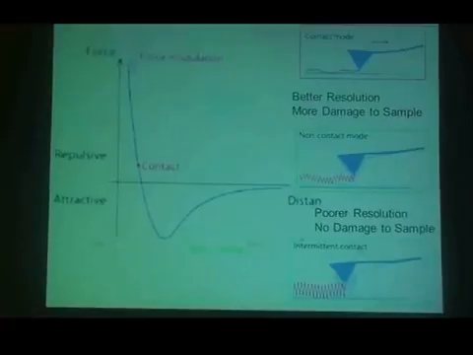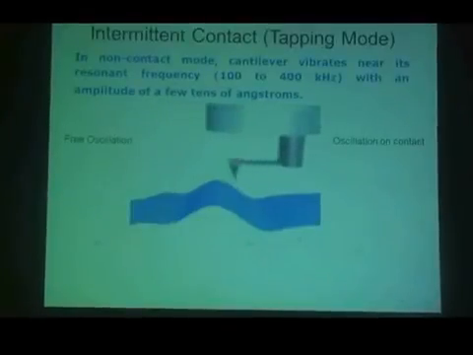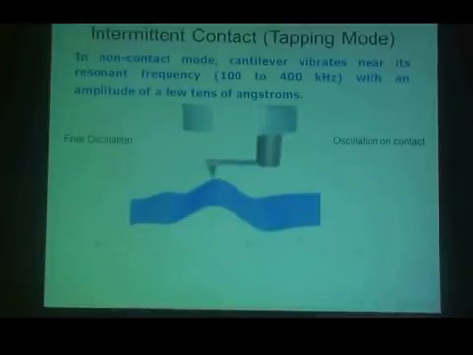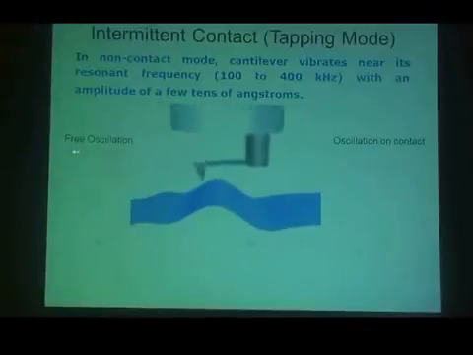And for that, people invented this technology called the tapping mode. In the case of tapping mode, your chip is always oscillating like this. When it is oscillating in the air, it will have a frequency, and you can consider it like a sine wave or cosine wave, with amplitude and frequency.